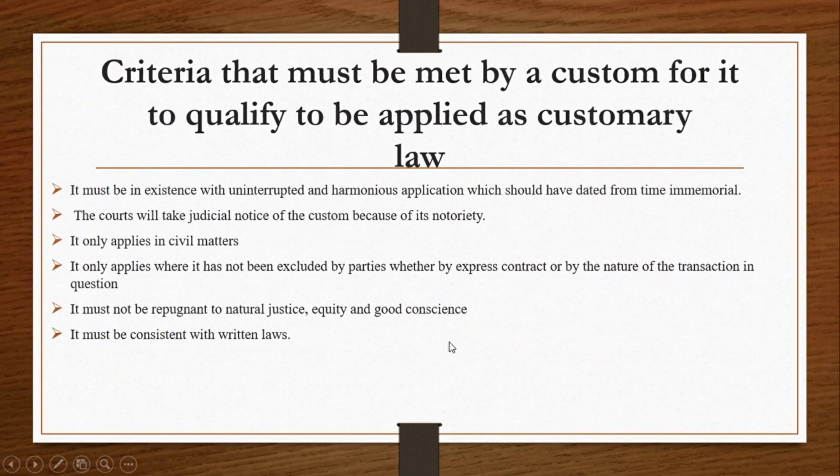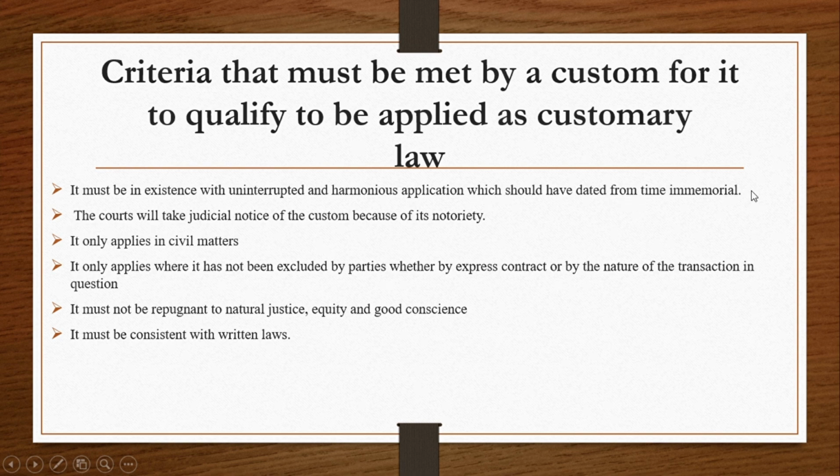So let's look at the criteria that must be met by a custom for it to qualify as customary law. First is that it must be in existence with uninterrupted and harmonious application, which should have dated from time immemorial.